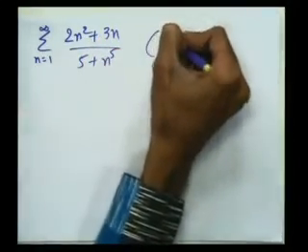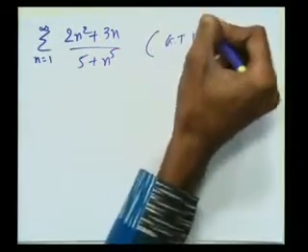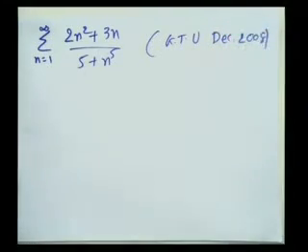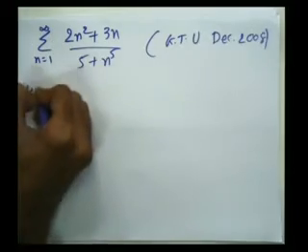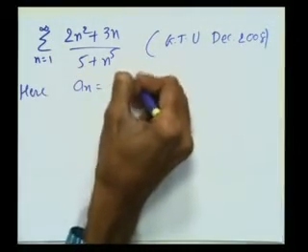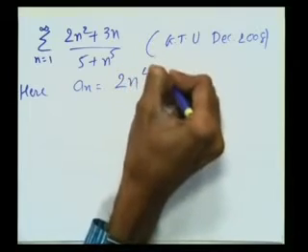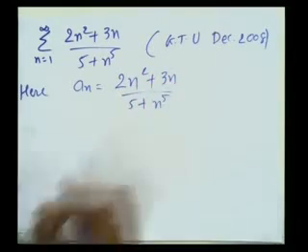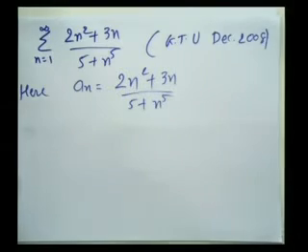This example was asked in GTU December 2008. Okay, so here it is clear that an is equal to (2n square plus 3n) upon (5 plus n raised to 5).